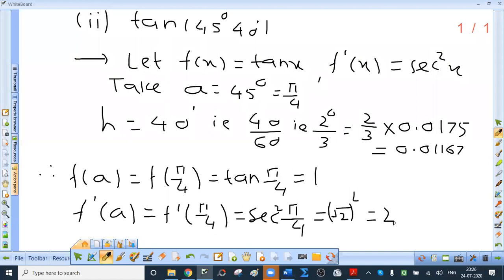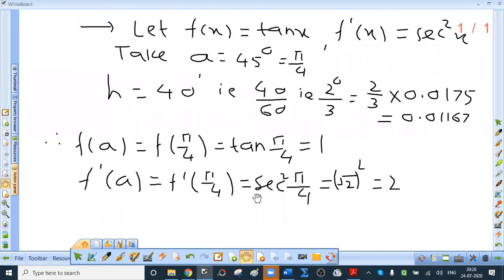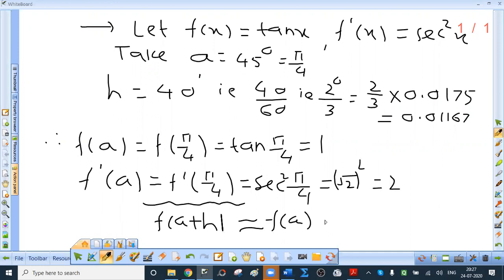Okay. Now substitute the values in the formula. After this, you have to write, therefore, formula for approximation is f of a plus h is approximately f of a plus h f dash of a. Now substitute and tell me what is the answer. Parth, you are absolutely right.